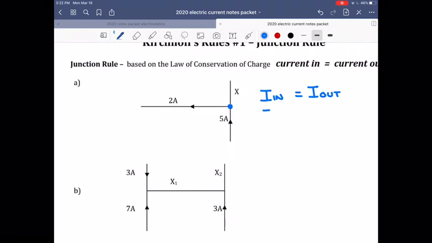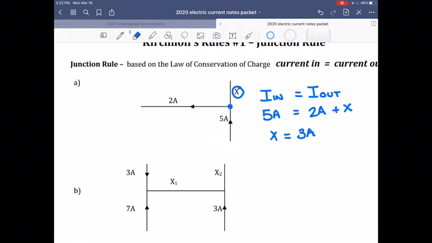The current going in, we have 5 amps going into that point. Going out, we're showing only 2 amps going out. So if you look at X, we could make a determination that X has to be on the outside, and you do some basic math here, and we've realized that we have to have 3 amps leaving this point in the circuit.